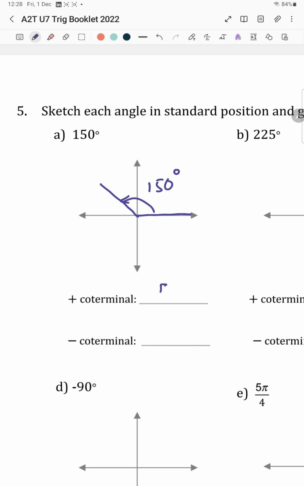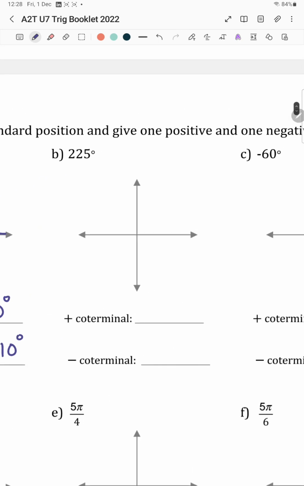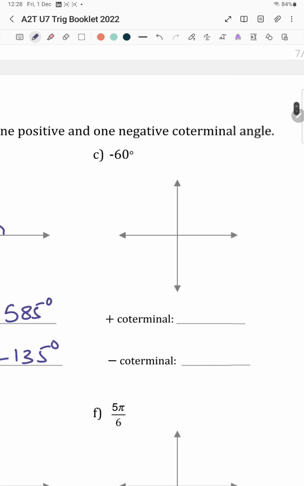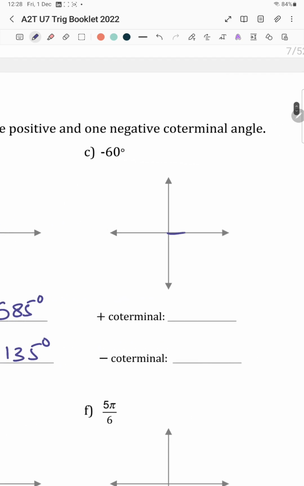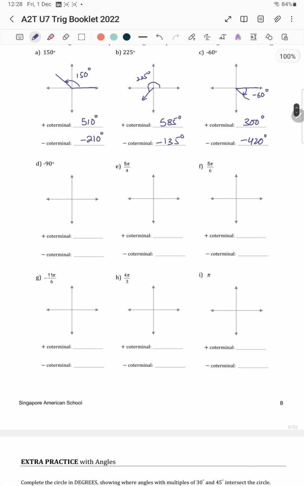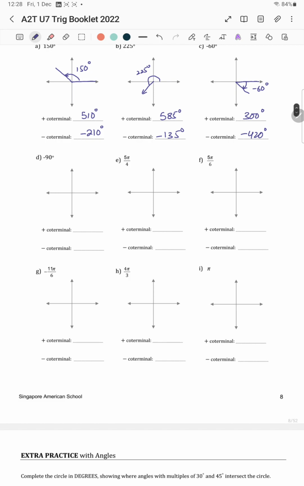Positive will be we will add, and in negative we are going to subtract by 360. 225. Minus 90 degrees.